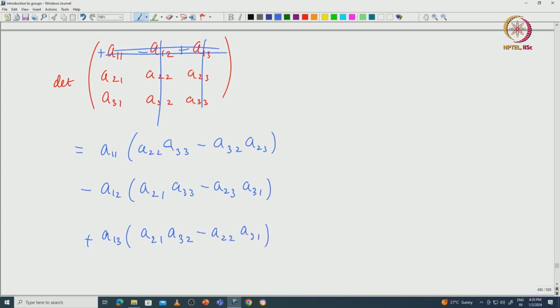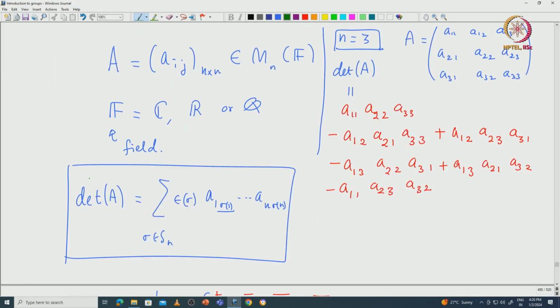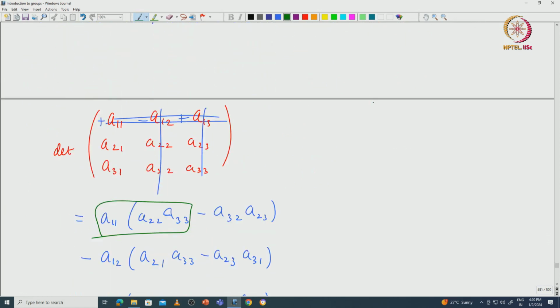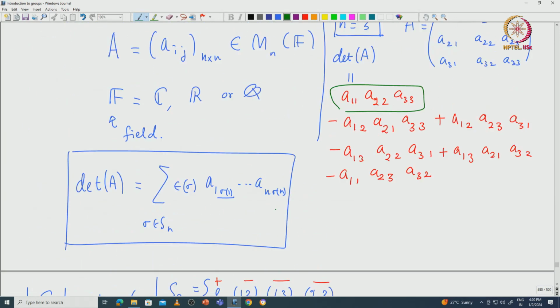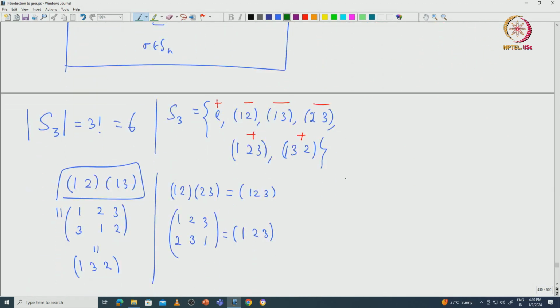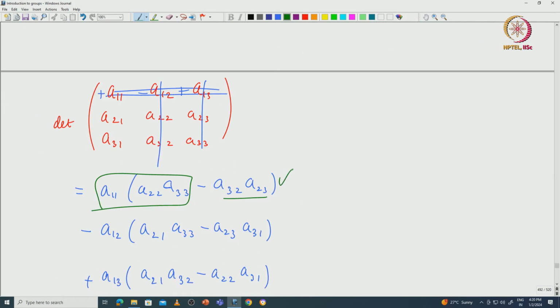So let us check only 1 or 2 terms. It's clear that the very first term, that is A11 A22 A33, is there. So that is this term. And then let's check the second term: A11 A32 A23, with the minus sign. That is matching.